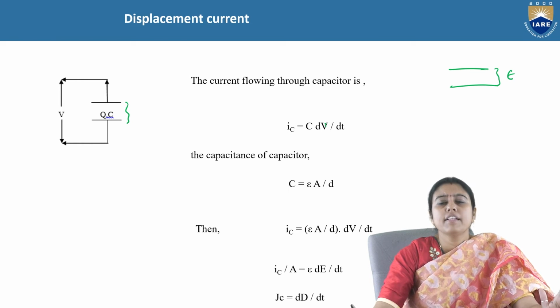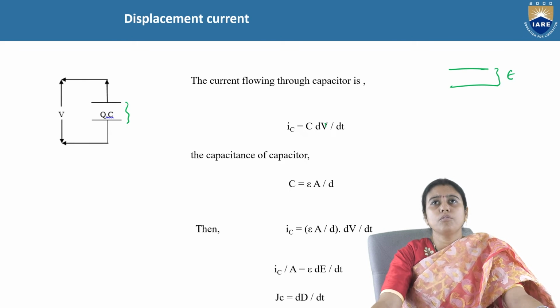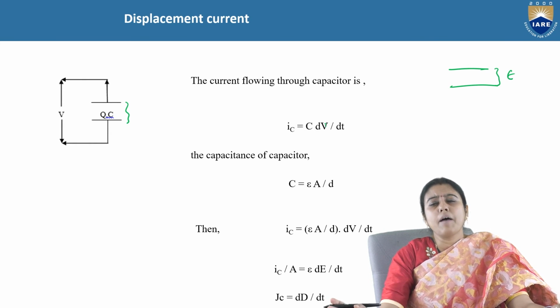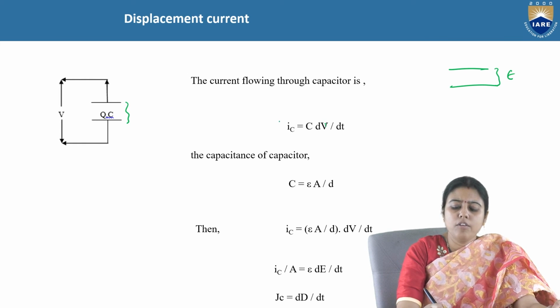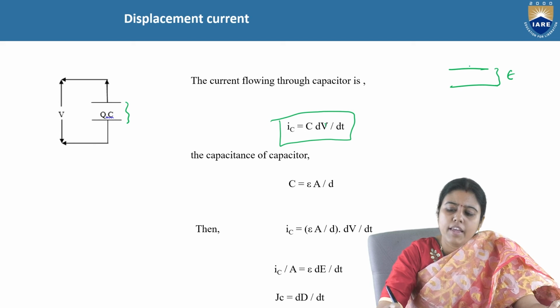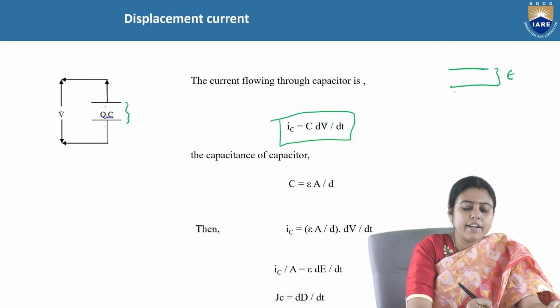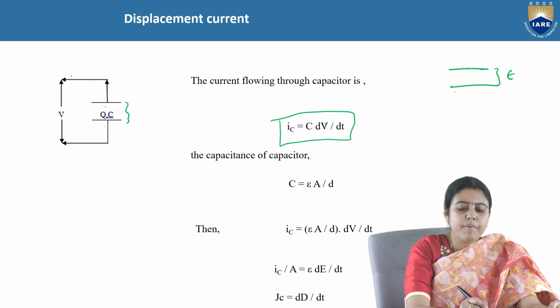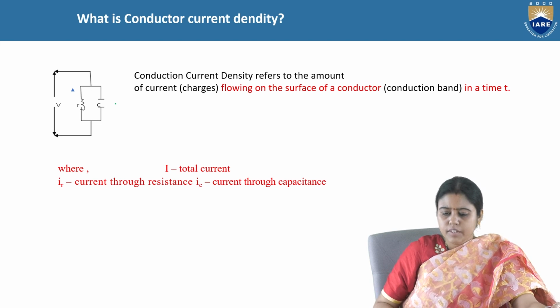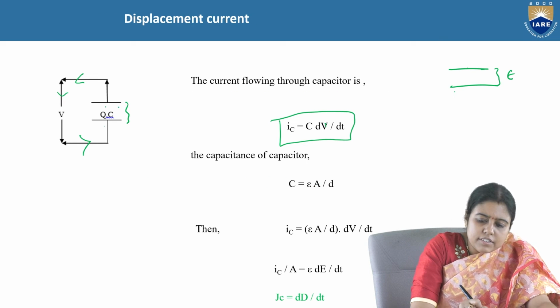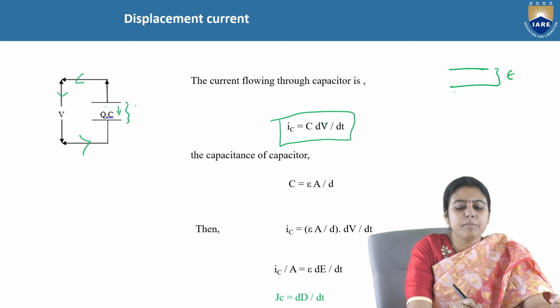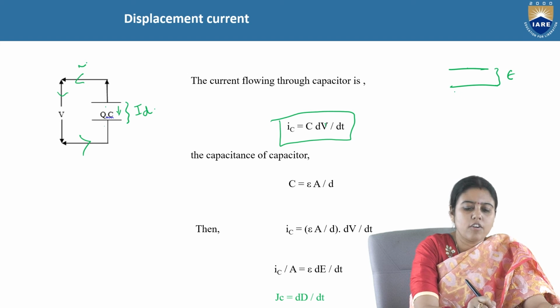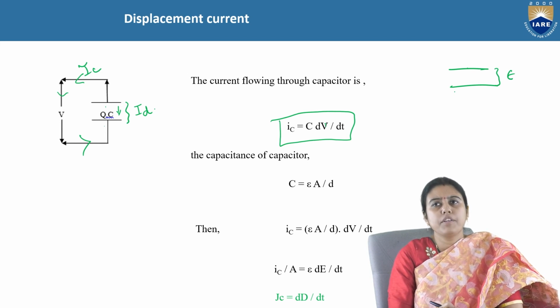This leakage current is known as the displacement current. The amount of displacement current is very low. If there are two parallel paths and we connect them to a voltage, the current that flows through the path is called the conduction current. But if any little amount of current flows in between the dielectric medium, it is called the displacement current. This is the conduction current and this is the displacement current.